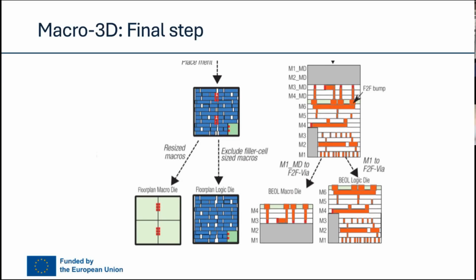Once we have this system, we can proceed to the normal place and route. Observe that in this step, the complete place and route is done completely with the standard 2D tools. The tool sees the complete stack of metals because we have extended LEF files. The tool can change the location and the size of the standard cells. We can automatically floor plan all the macros that we have in the lower part.